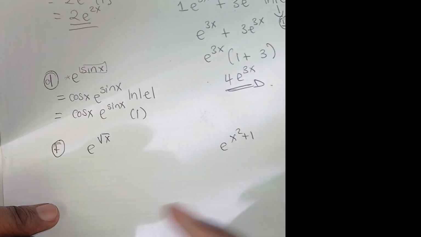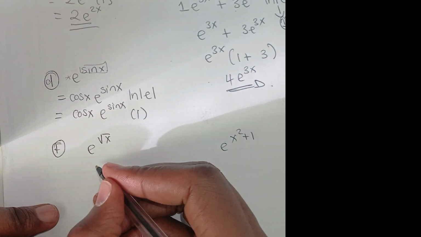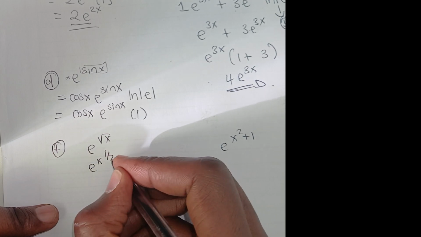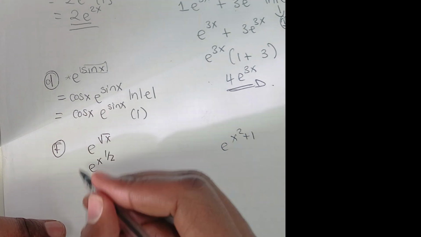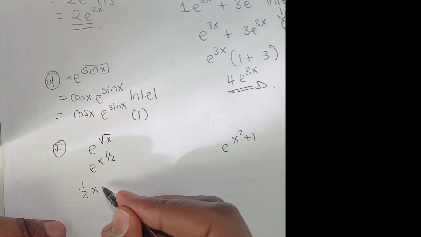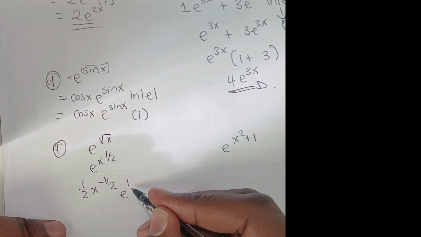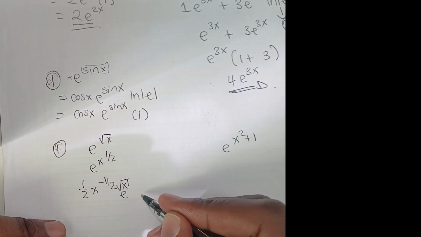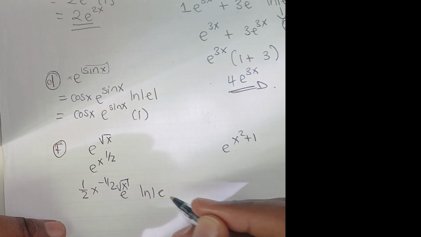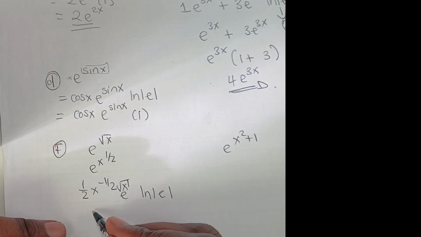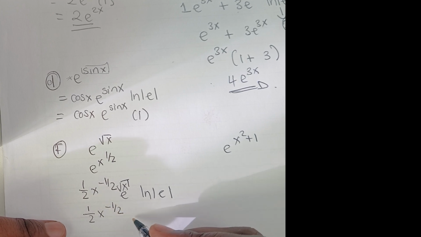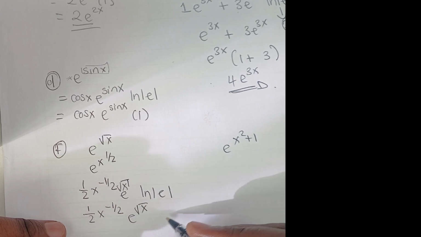Right, so then from here we have to do the derivative of 1 over 2, right? So the derivative of 1 over 2 is just this. Then from there, e to the power root of x, and then ln of e. Then it's just 1 over 2 x to the power minus 1 over 2 times e to the root of x, right?